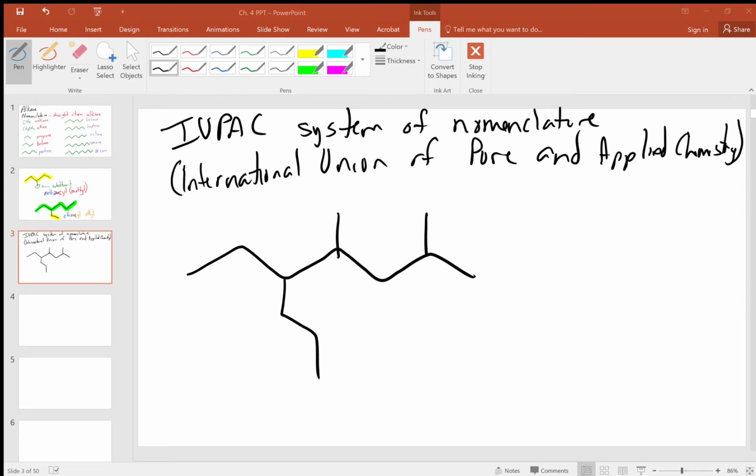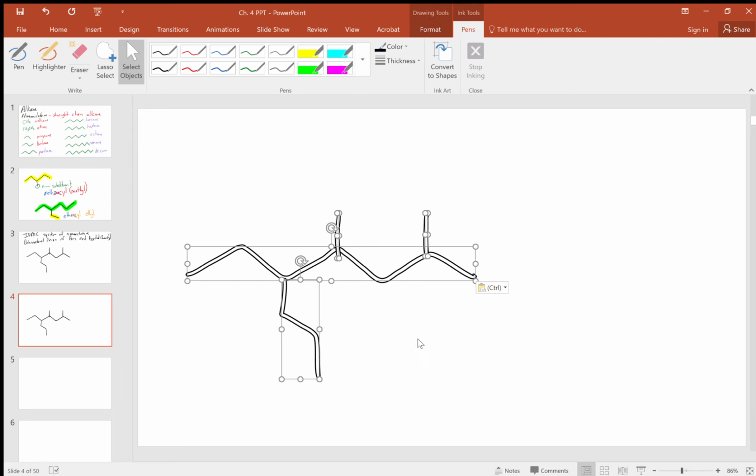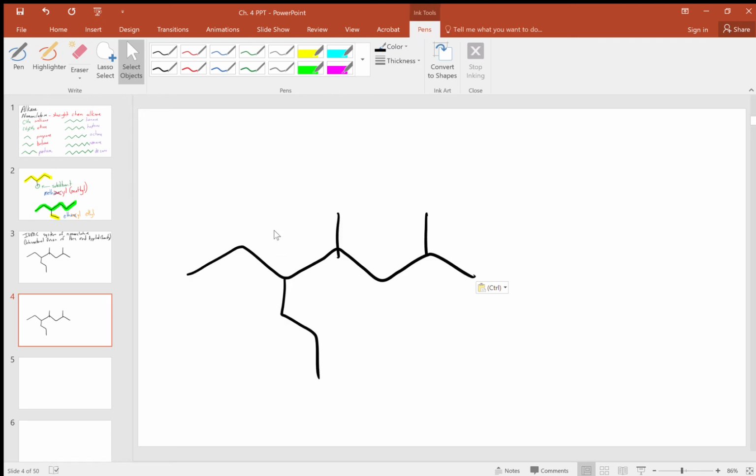All right, so how do we do this? Well, let's take this object and grab it onto a new page. All right, so there's our molecule again. So step 1, find the parent alkane.